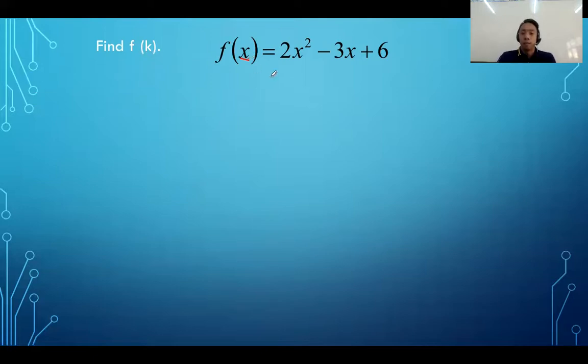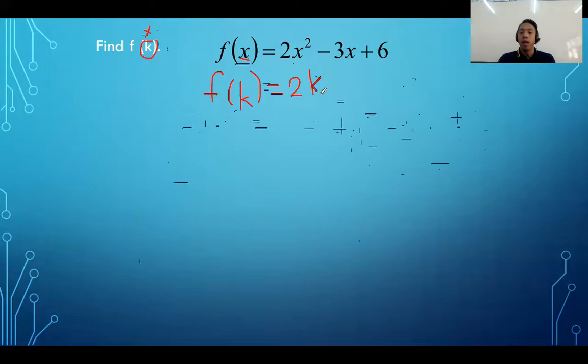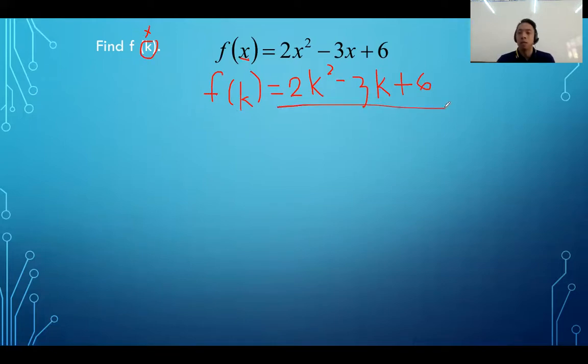Let's do this. So we need to change all x's as k, and that's super easy. It will become f of k equals 2, x will become k squared minus 3 and then k plus 6. Can we simplify this?